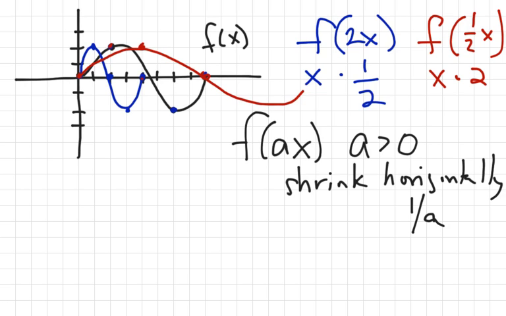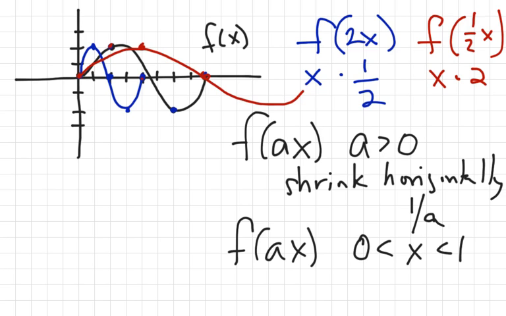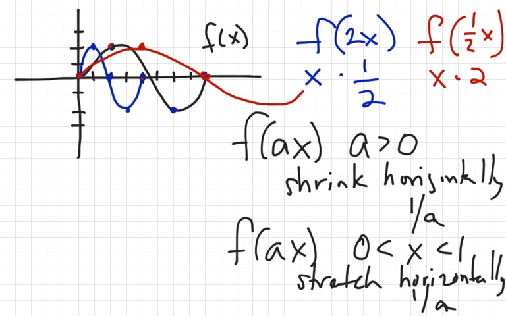We say that it stretches the graph horizontally by a factor of 1 over a. So when you multiply by a number that's between 0 and 1, we say that it's going to stretch horizontally by a factor of 1 over a.